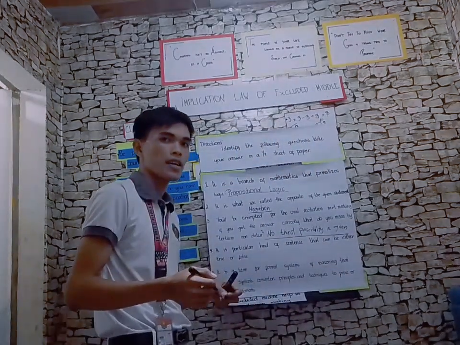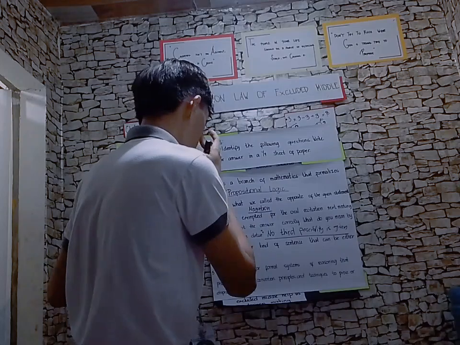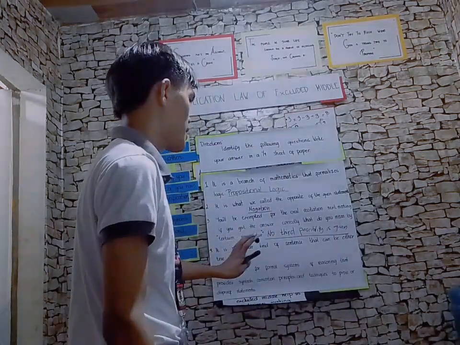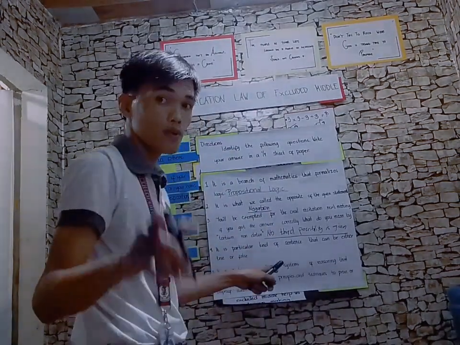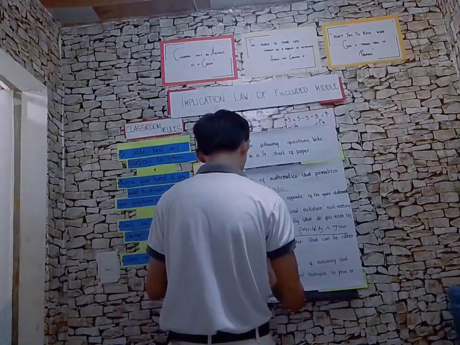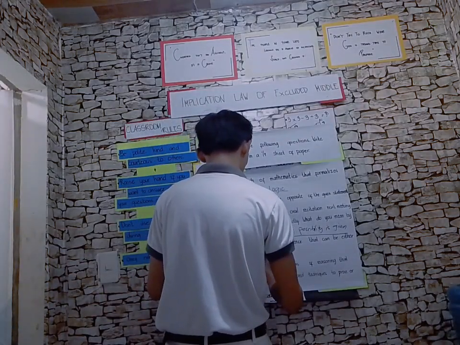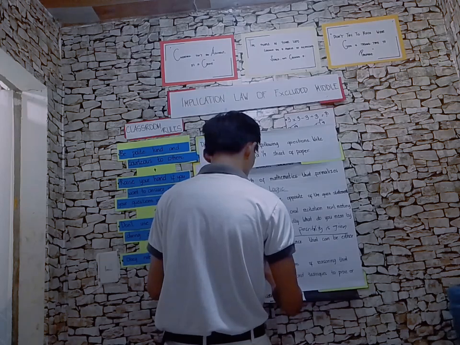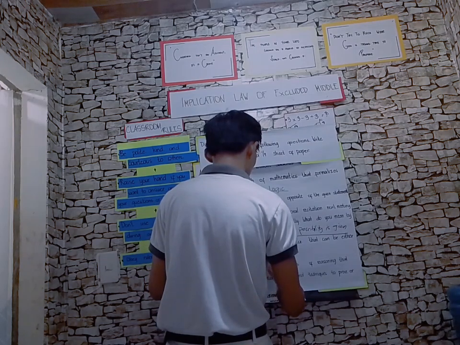Got the correct answer. Very good. Next is number 4. It is a particular kind of sentence that can be either true or false. It has been discussed earlier. So this one is very good. Proposition.